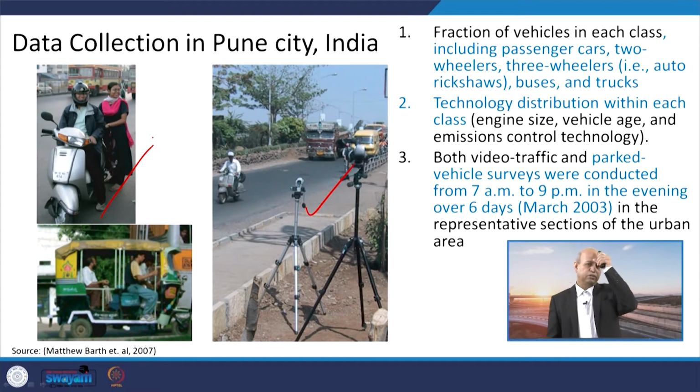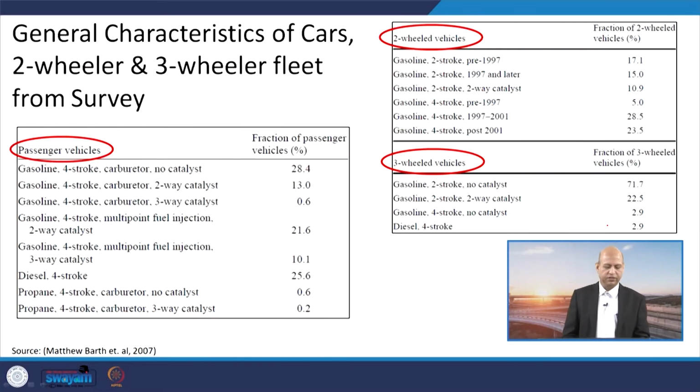So, the data were collected regarding the technology of two-wheelers, three-wheelers, buses and trucks, heavy vehicles, light duty vehicles, automobiles, all those. So, this was a 6 day survey from 7 AM to 9 PM in March 2003. So, this was the data collection period, and you can see the general characteristics of the cars, two-wheelers, three-wheelers fleet from the survey which was tabulated based on the data.